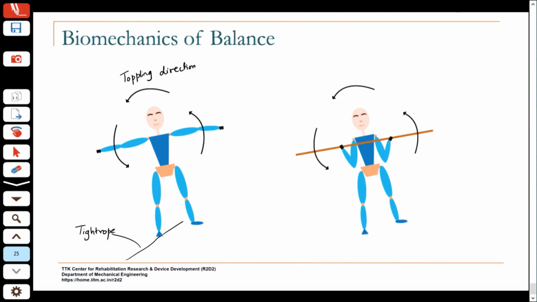Okay. This would be the arm motion. Now, the challenge is here, you have a very small base. It takes a lot of skill to walk on a tightrope.